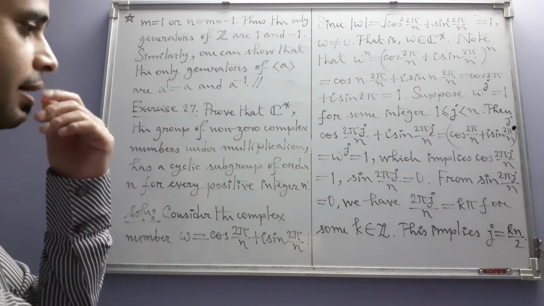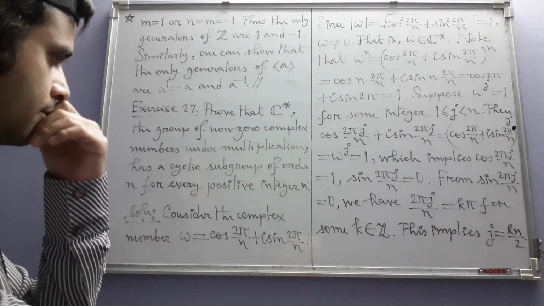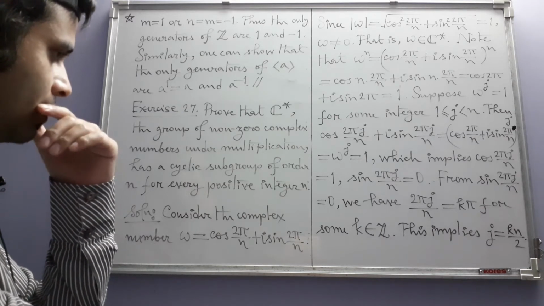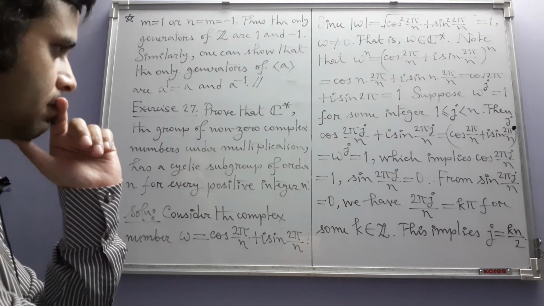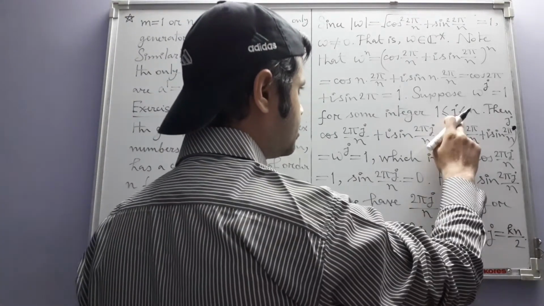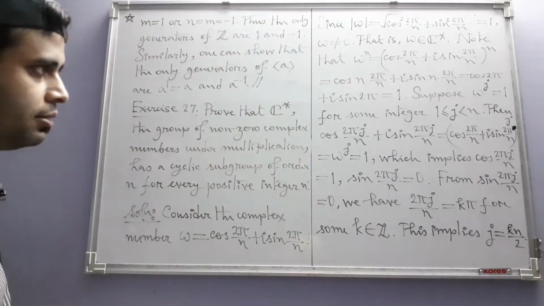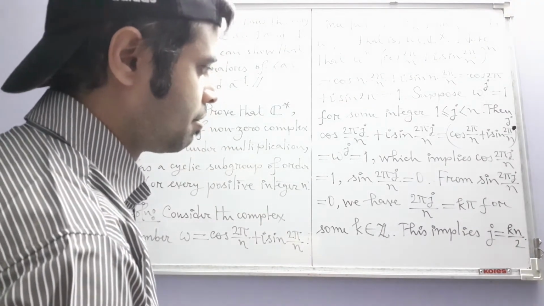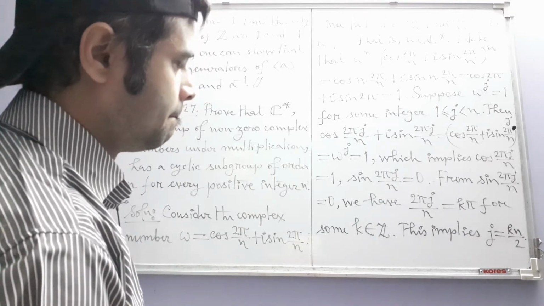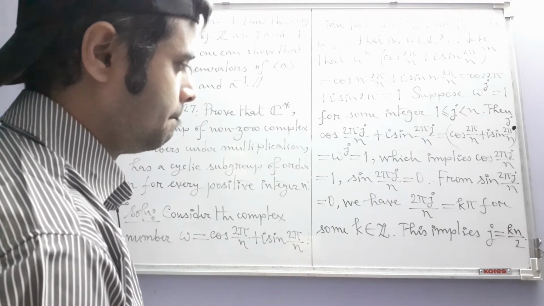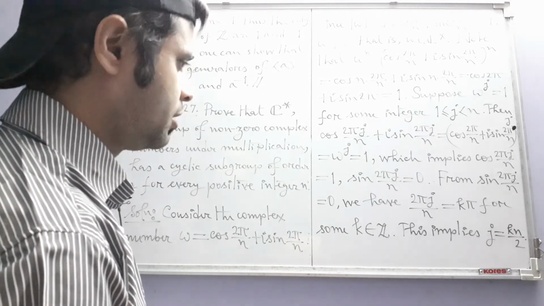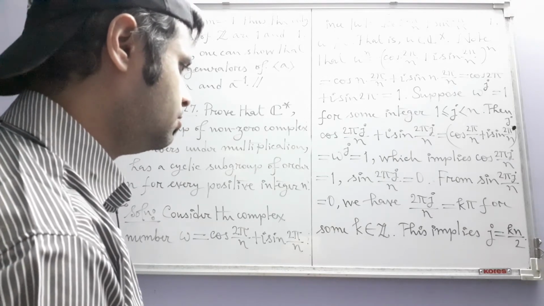So we are getting n divided by 2. That won't immediately give me a contradiction, will it? The only information I have of j is that j has to be less than n. j has to be equal to kn divided by 2.